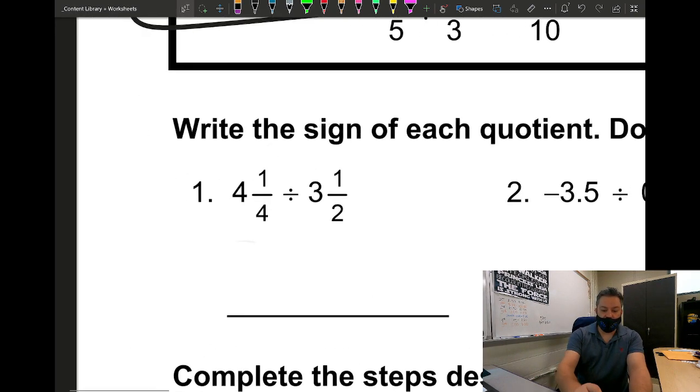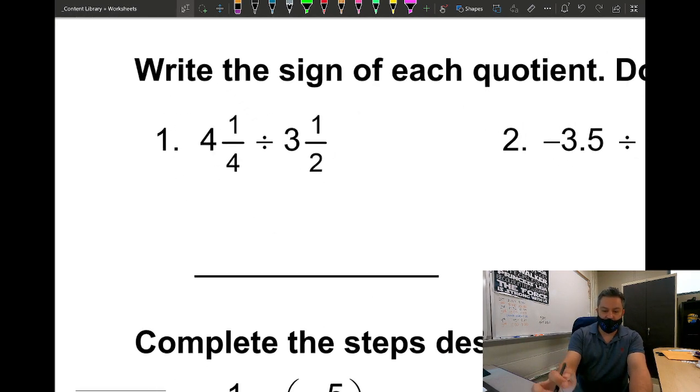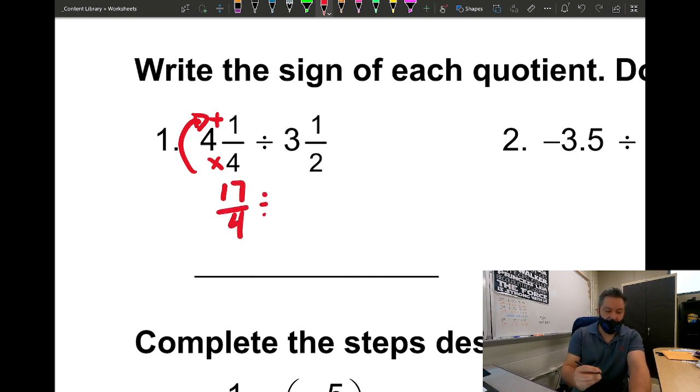And if you don't remember, it's very easy. All you gotta do is multiply then add. The walk around Texas, right? Multiply then add in this direction. 4 times 4 is 16, plus 1 is 17, and the bottom stays as 4, divided by 3 times 2 is 6, and 1 is 7 halves.